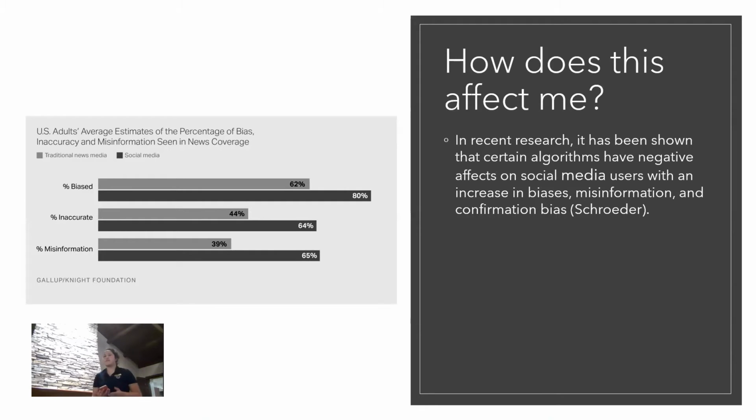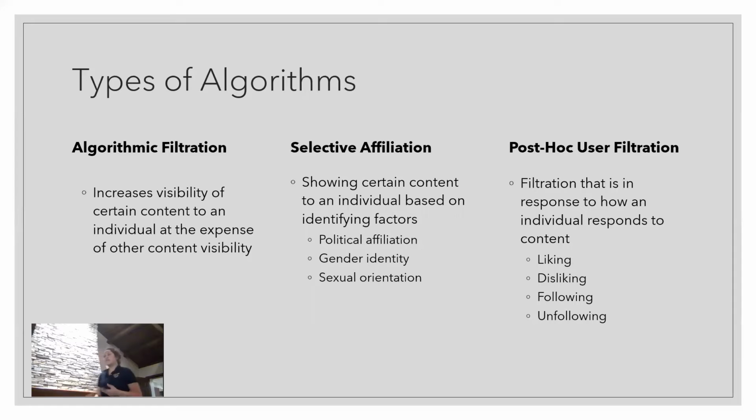According to Dr. Schroeder's research, it has been shown that certain social media algorithms have negative effects on users and further encourage biases, misinformation, and confirmation bias. According to a study by Dr. Yang, there are about 3 types of algorithms that social media platforms use.